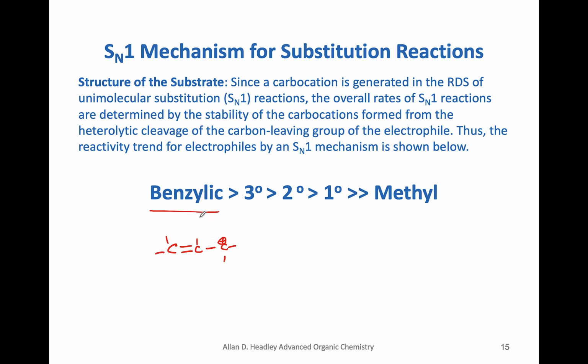They're about equal in stability, but more stable than the tertiary, more stable than the secondary, more stable than the primary carbocation, and a lot more stable than the methyl. As a matter of fact, it's argued in some books and publications that the methyl cation is not formed because it's so unstable, because there's nothing adjacent to stabilize that methyl carbocation.